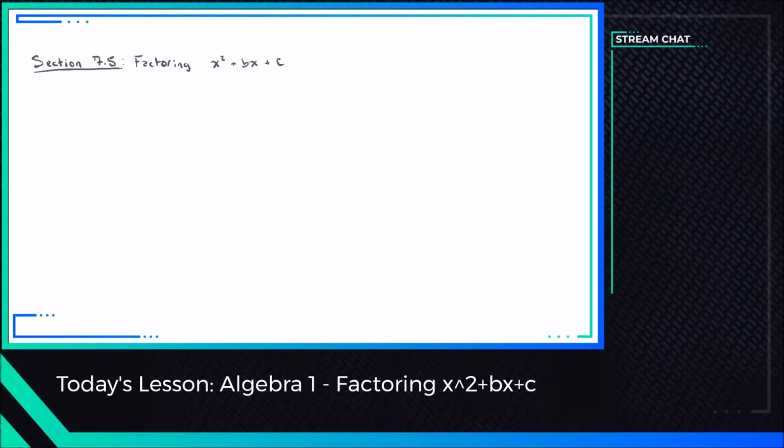Writing a polynomial as a product of factors is called factoring.